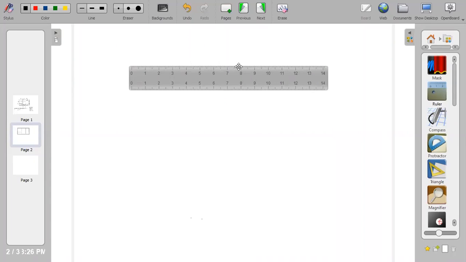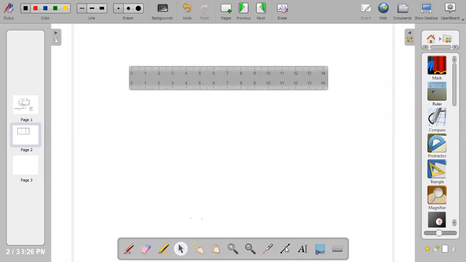The first thing I will do, I will measure a line. I'll pick up my line, 11 centimeters long. You start from 0 down to 11 centimeters. Good. Then I'll draw my breadth.